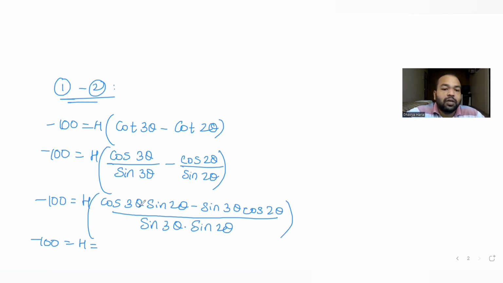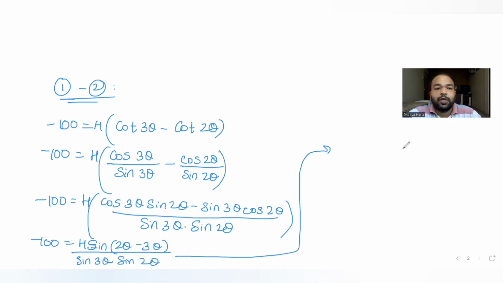This gives us sin A cos B minus cos A sin B, so it becomes H into sine of A minus B, that is 2 theta minus 3 theta, upon sin 3 theta into sin 2 theta. Solving further, minus 100 is equal to H sine of minus theta upon sin 3 theta into sin 2 theta.